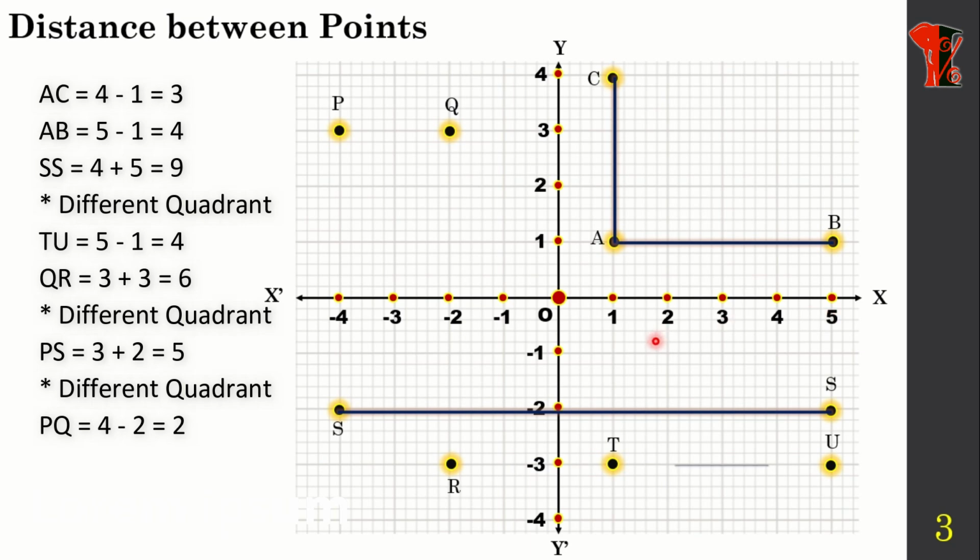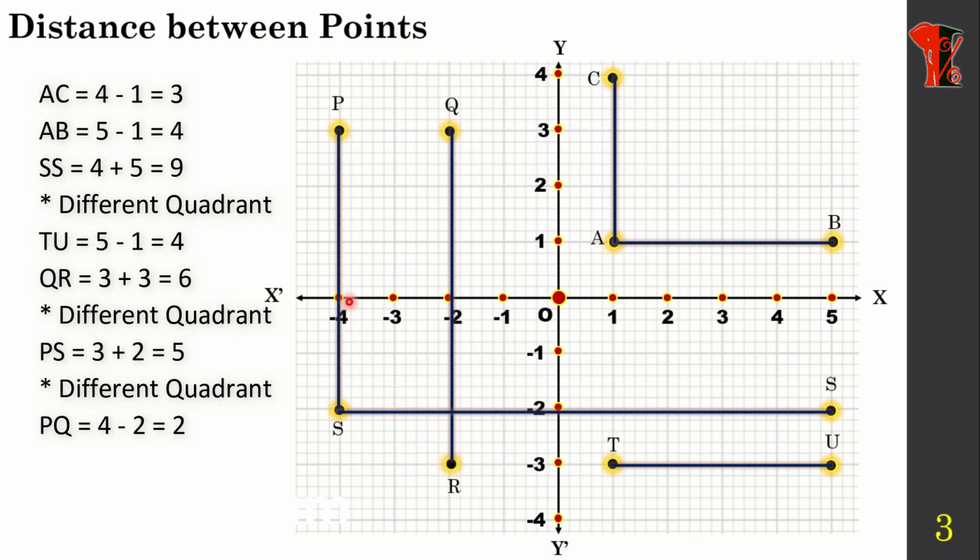The next one you can see here, T and U, it is 5 minus 1, 4 units. Same way over here, they are in different quadrants. 0 to 3 is 3 units or 3 centimeters, and 0 to minus 3 is also 3 units. So 3 plus 3 you will get 6 units. The next one is PS.